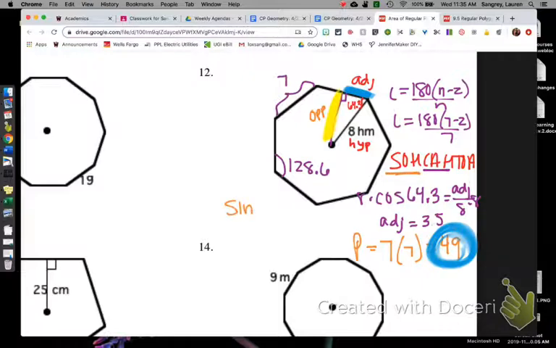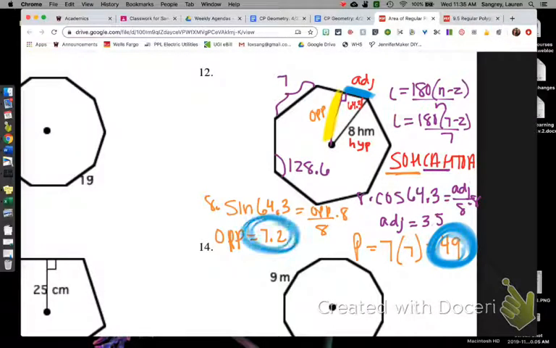So sine of 64.3 equals the opposite side over the hypotenuse, which is 8. Multiply both sides by 8. And that opposite side is 7.2, which is also the apothem.